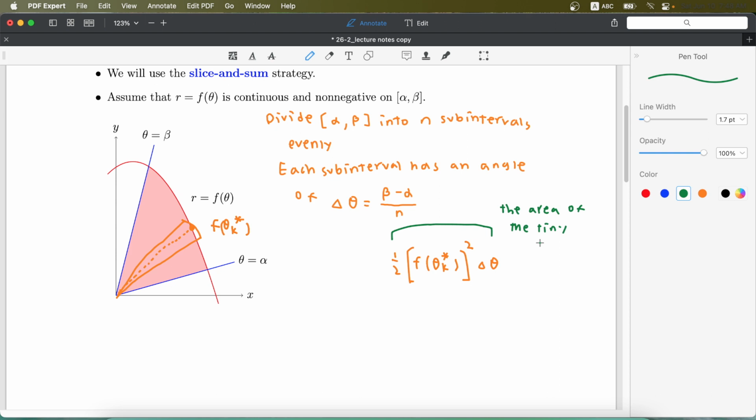We have n such sectors, so we will add all these areas together. We use summation from k equals 1 to n, which means all these areas of the sectors. And notice that this is just an approximation.